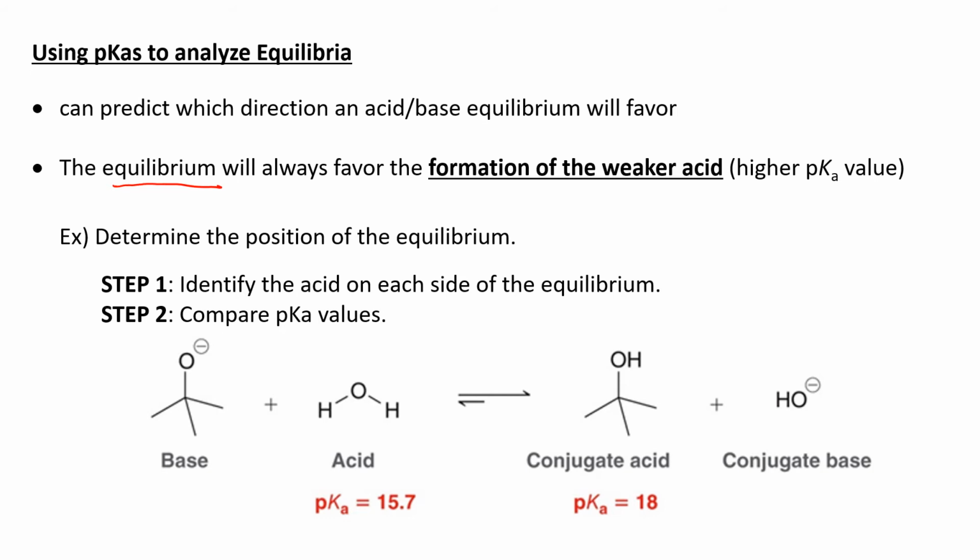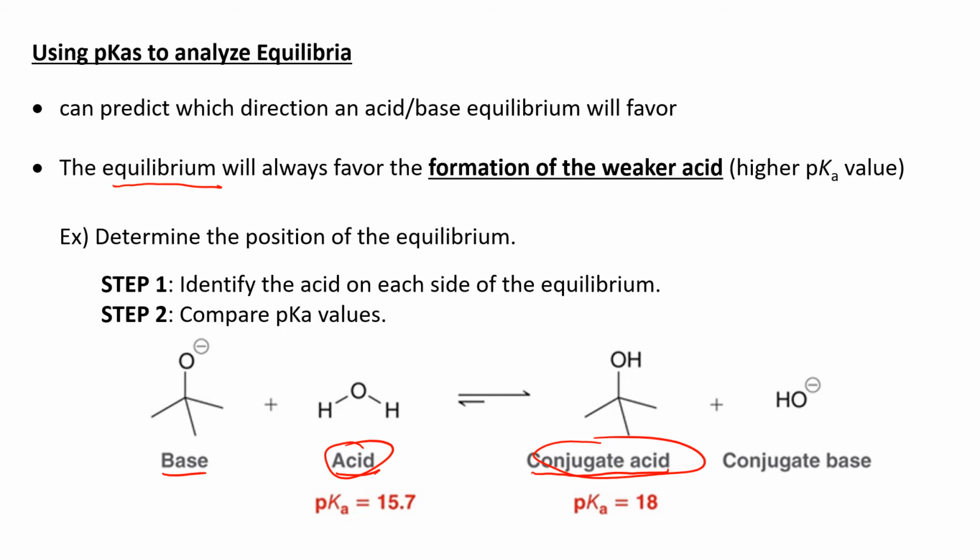So, in any given acid-base reaction, find your acid and your base, and now we're going to look for the conjugate acid of our base. This is what we're focusing on. The acid on the left and our acid on the right, or the conjugate acid.